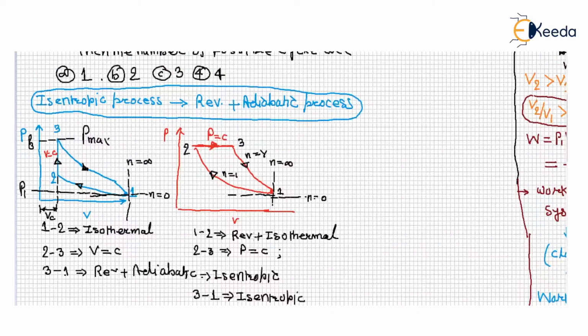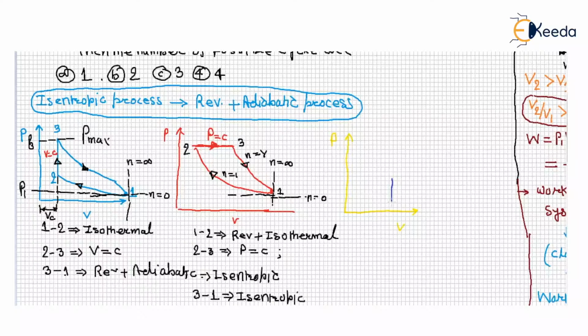Again we draw another process like that, another cycle, pressure and volume, right?